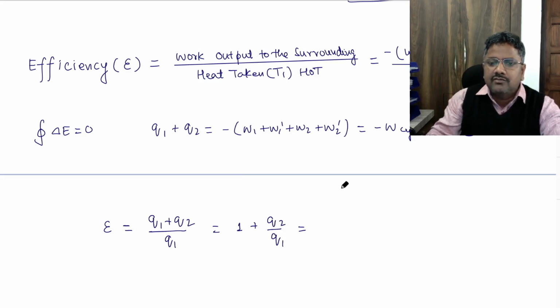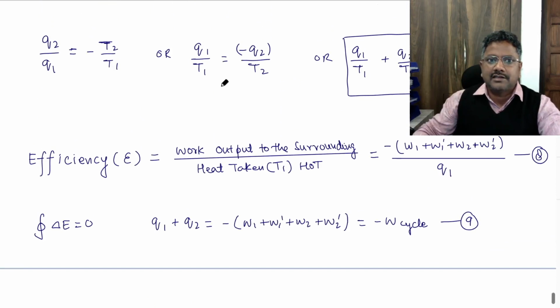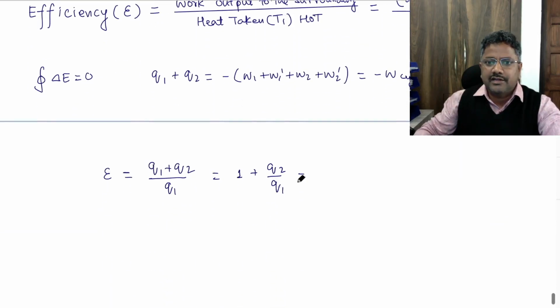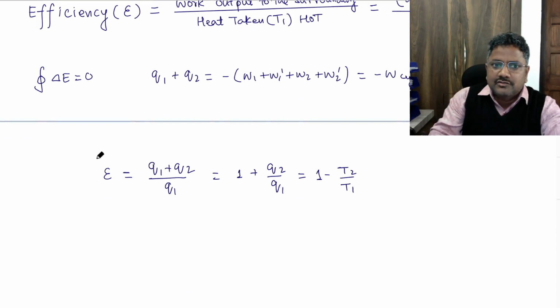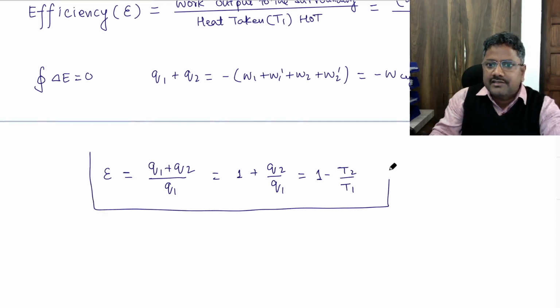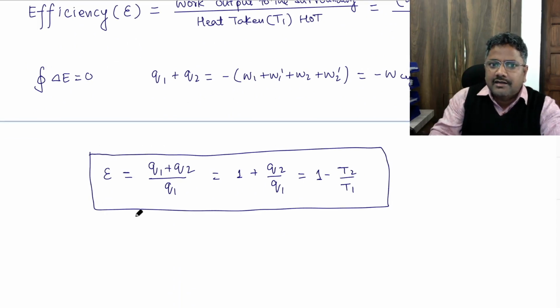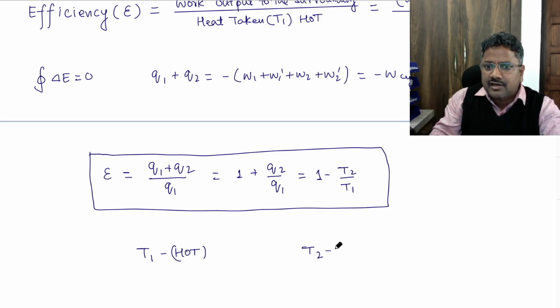And Q2 by Q1, we have already proved that Q2 by Q1 is equal to minus T2 by T1. So one more formula we have, 1 minus T2 by T1. So this is the formula for efficiency. And what is T1 here? T1 is the temperature of hot reservoir. T2 is the temperature of cold reservoir, right?